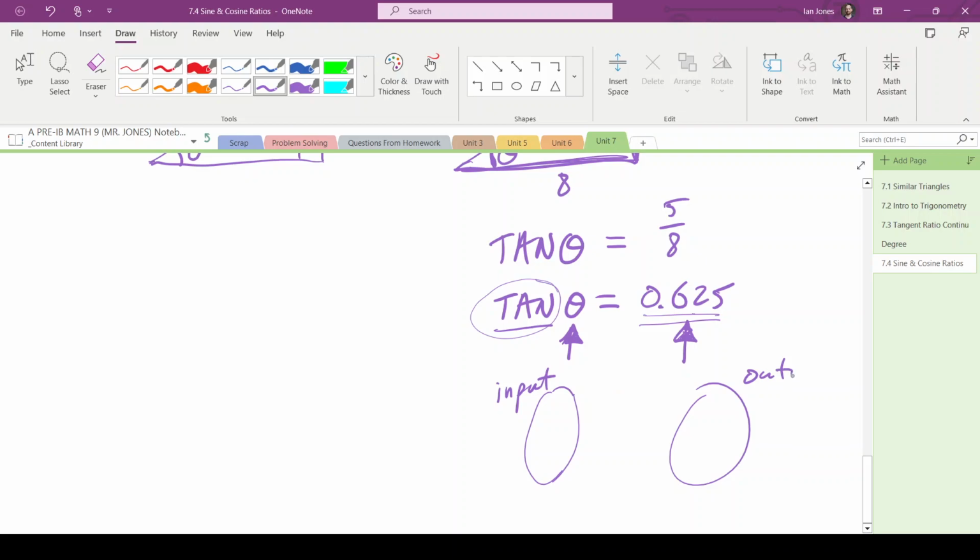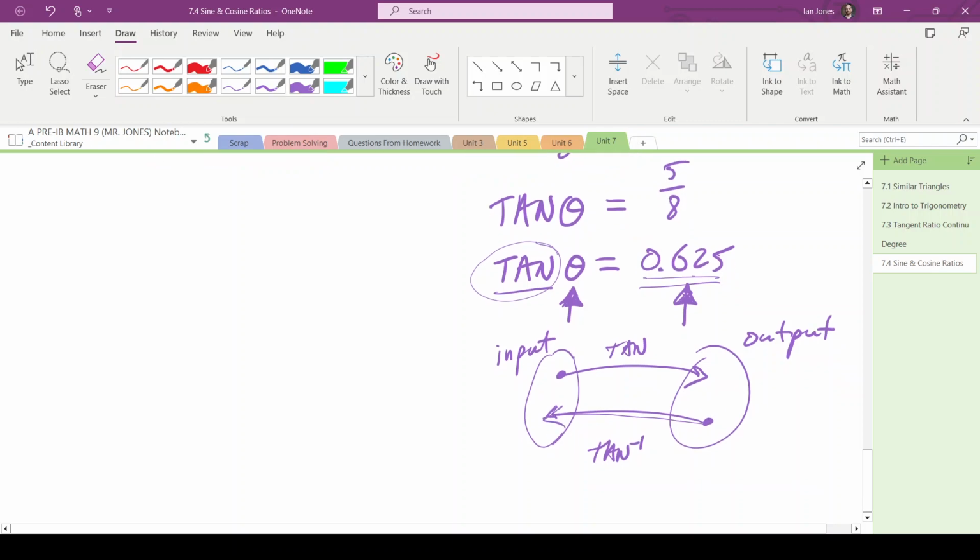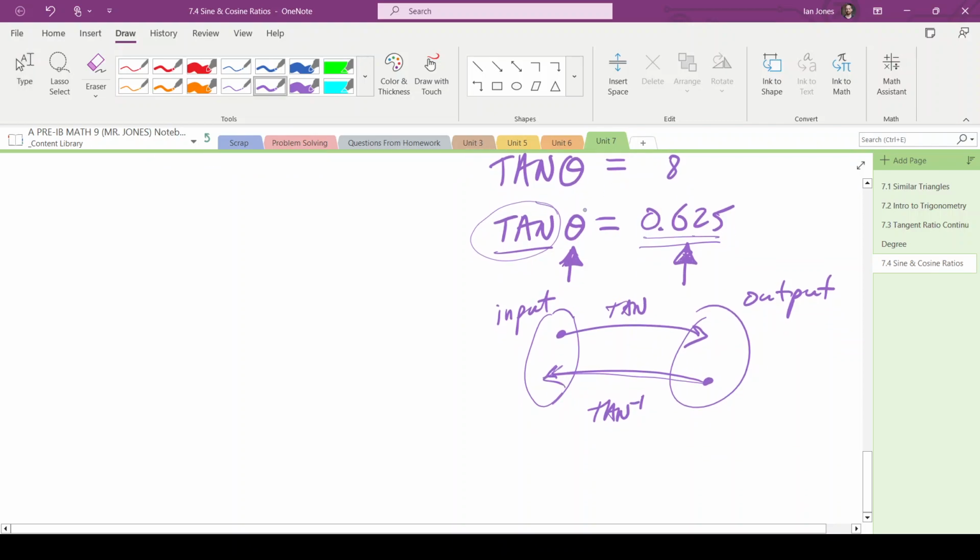The inverse function tells you, okay, we know the output. What input of the original function had to do that? So here, tangent would be the function from an input to an output. Tangent inverse is the inverse function that takes any output we have and tells us what input would have given us that. So to find this input, we're going to use the tangent inverse function on our output.